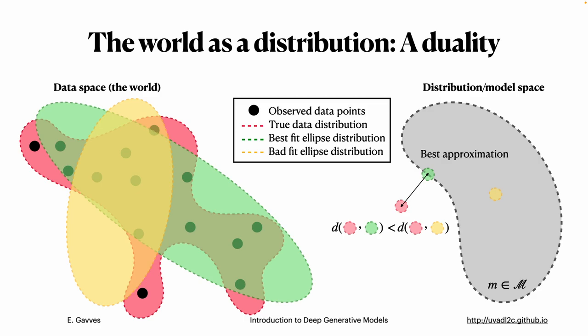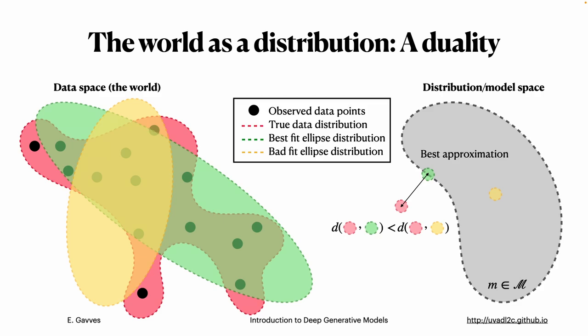And now my goal is to find the best possible ellipse that fits the data. The green one is, let's say, the best one. Of course, it's hand drawn here, so not literally the best, but it looks close enough. This is another bad random one. So what are the possible things that we would need to consider here?